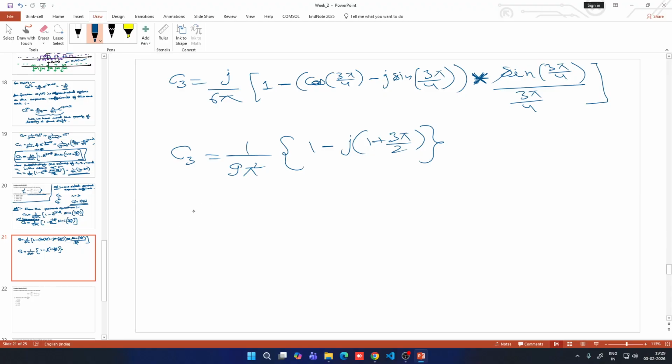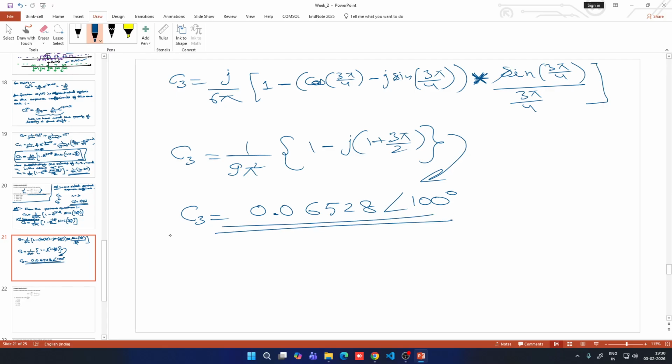Solving further, we get 0.06528. You can use your calculators directly to convert this into polar form. But now in the problem we have to find the one-sided spectral coefficient.